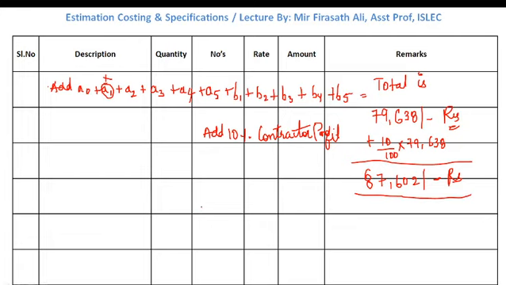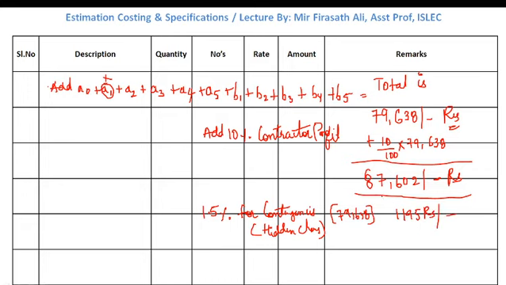In rare conditions, we add 1.5% under the head of contingency charges. What do you mean by contingency? It is hidden charges. So we can add 1.5% of 79,638, which will be 1195 rupees.